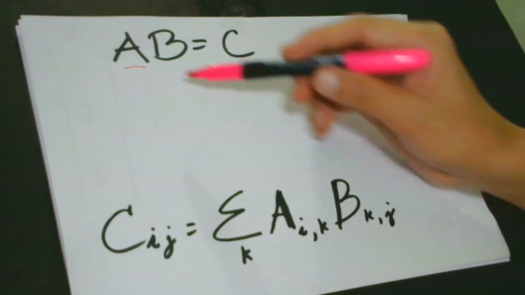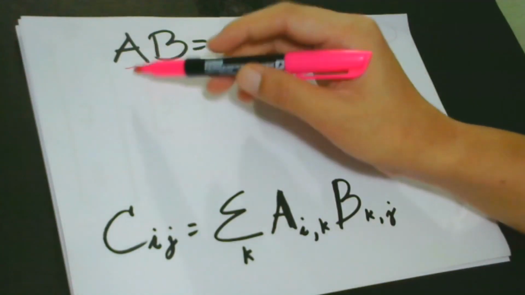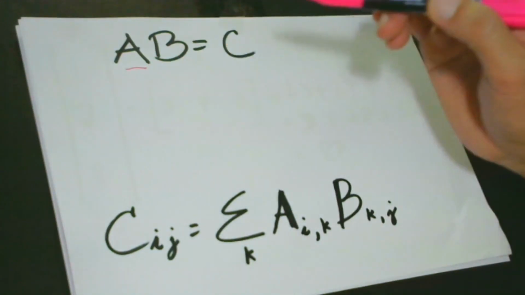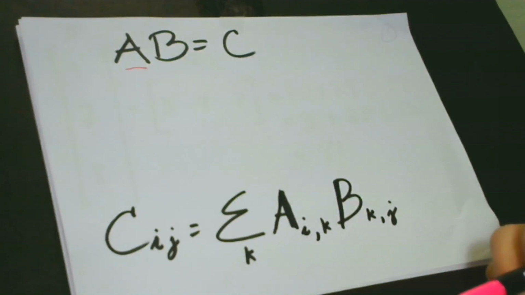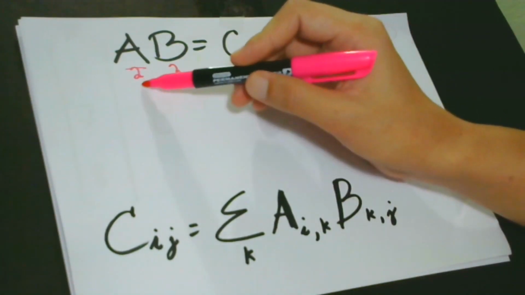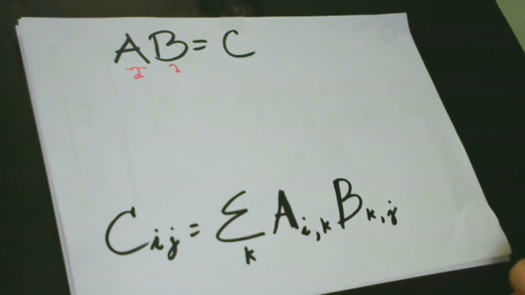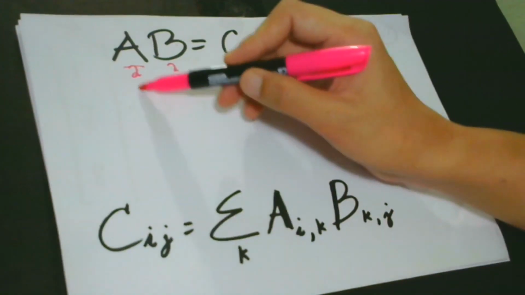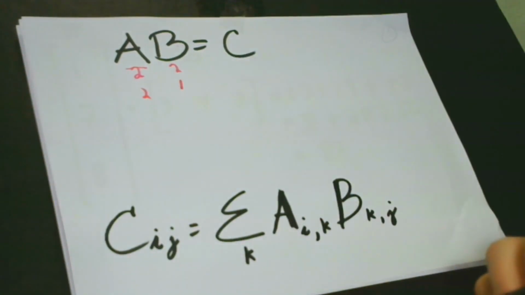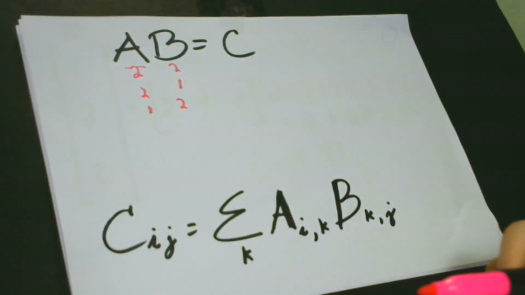For example, if A has 2 columns, then B needs to have 2 rows too so that we comply with the first requirement. If this is 2 and this is 1, we cannot do that. If this is 1 and this is 2, we cannot do that either.